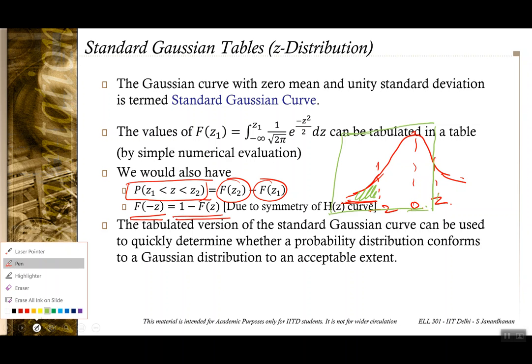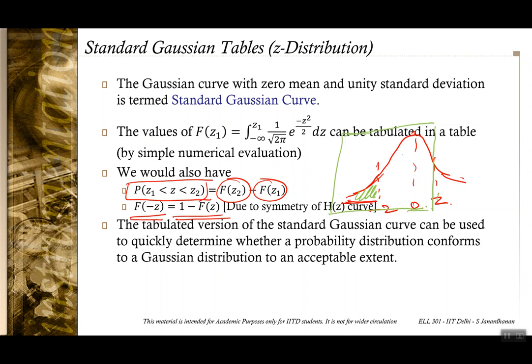Let me draw that again so that it is a little bit easier. And 1 minus f of z is the rest of the curve, that is here. However, due to symmetry, this portion should be the same as this portion, which would mean that f of minus z should be equal to 1 minus f of z.